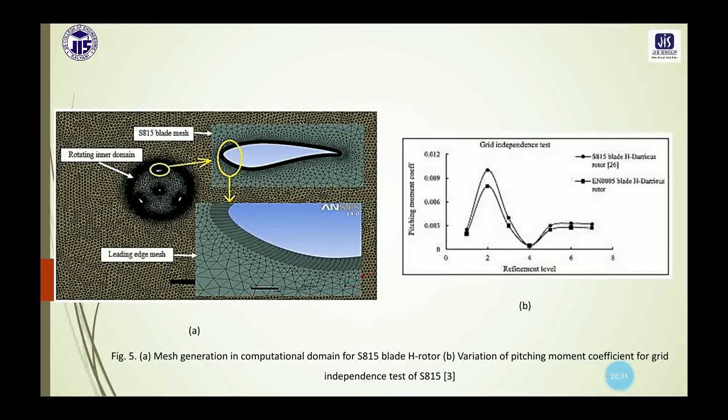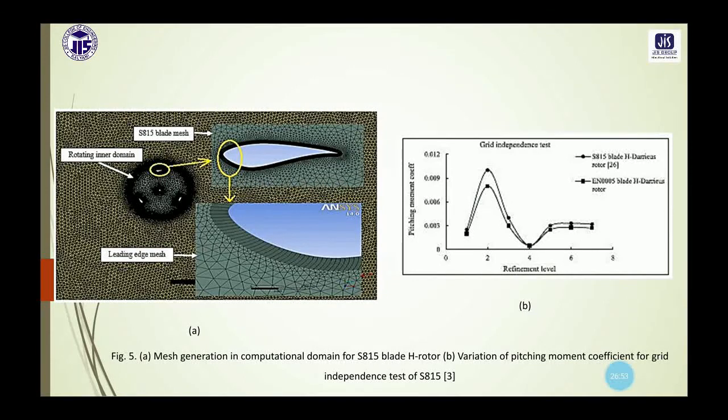So to capture the sudden change of velocity and pressure near the blade surface, the mesh should be denser. Otherwise, we will not be able to capture the exact result.